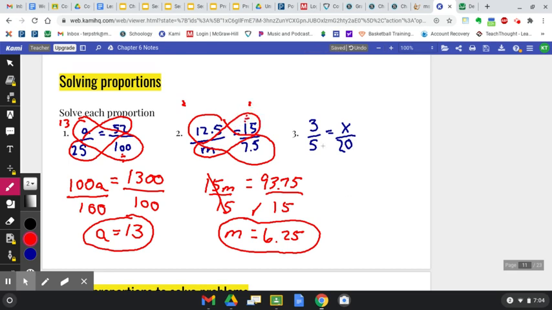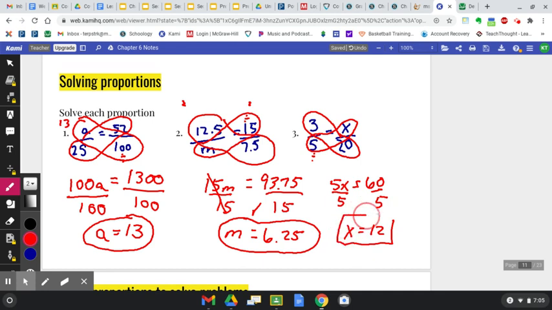All right, so if you look, what number gets paired with the variable here? Right, it's the 5, right? So we're going to end up dividing by 5 after we multiply the two numbers, right? So we'd have 5x equals 60, and divide by 5, we get x equals 12, right?